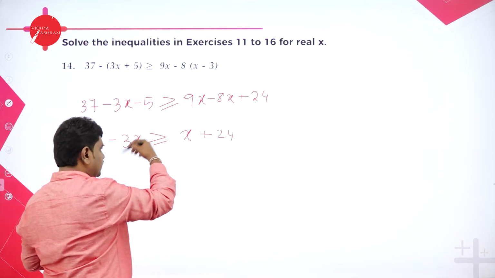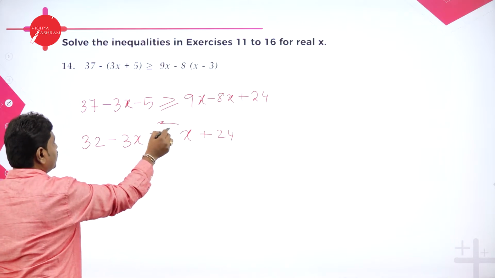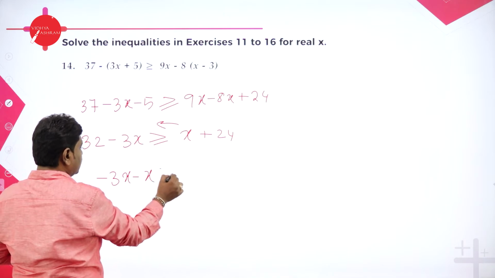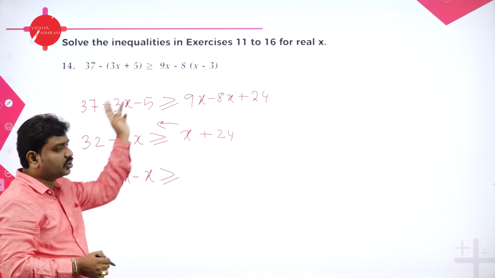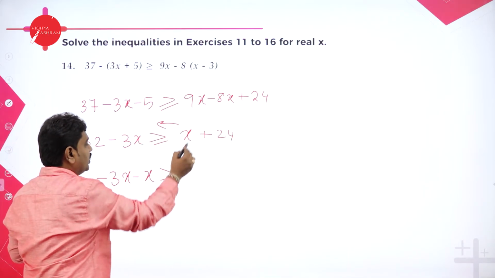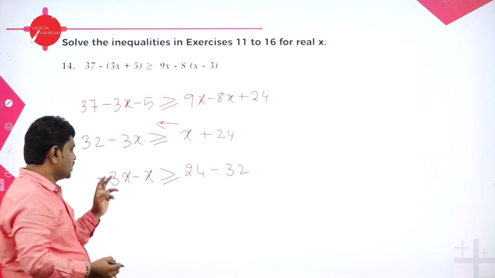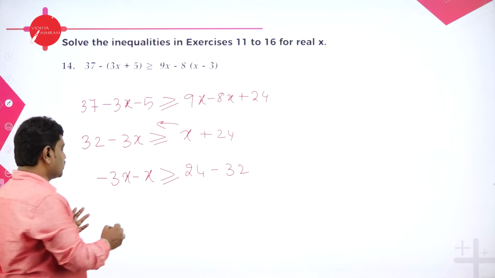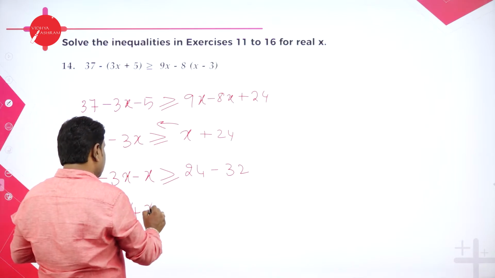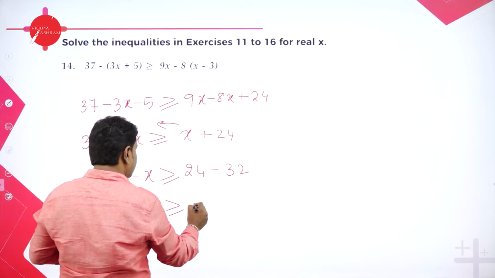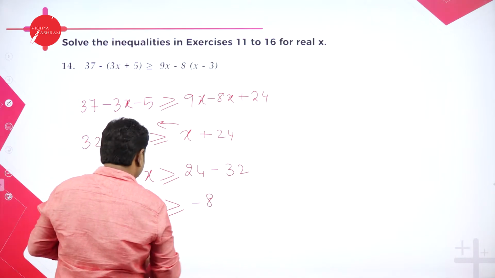Now you bring the x term to this side, so x, if it comes this side, it will become minus x, minus 3x minus x greater than or equal to, transfer 32 to RHS, so we have 24 minus 32. Simplify this, minus 3x minus x becomes minus 4x greater than or equal to 24 minus 32, that is minus 8, and multiply.